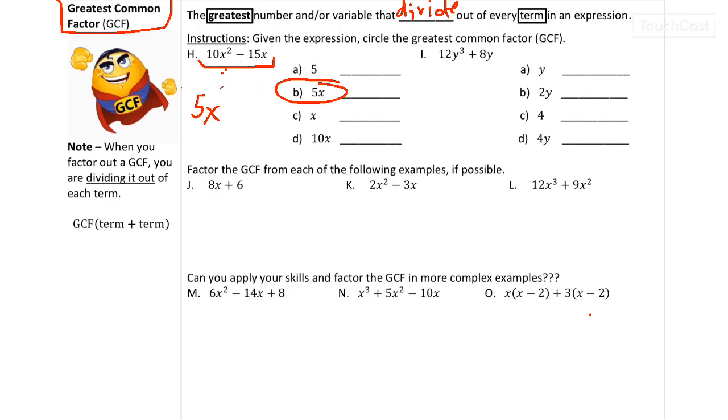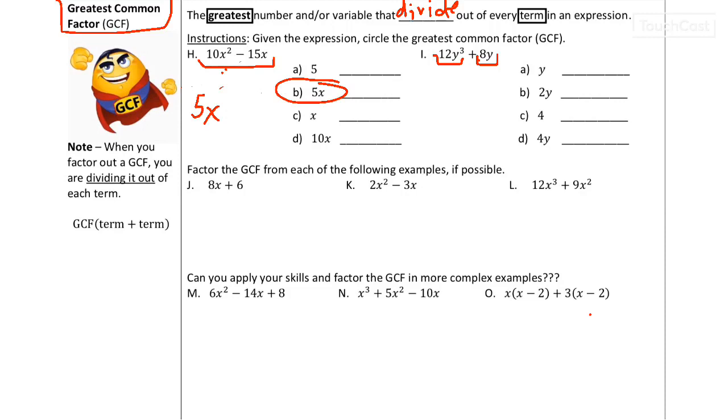Okay, next example. I'm going to move a little faster here. So the same question. What's the biggest number that can divide 12 and divide 8? Again, we're trying to find the biggest number. Sometimes we make the mistake and just find any number. We want the largest number that can divide 12 and also divide 8.